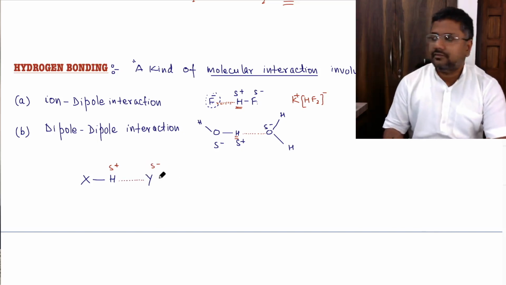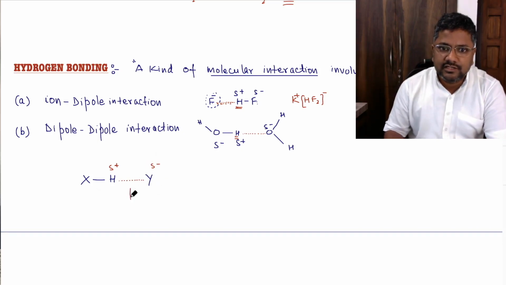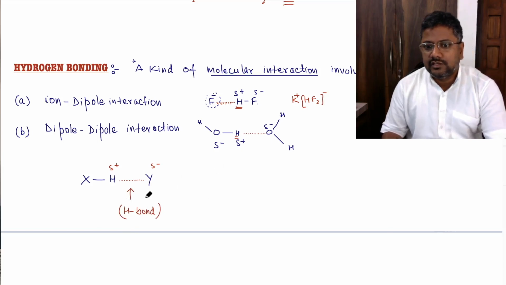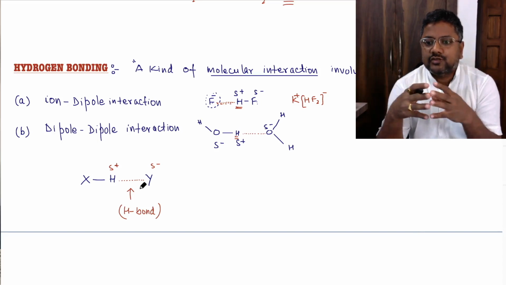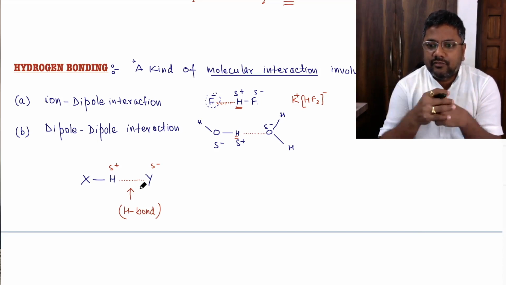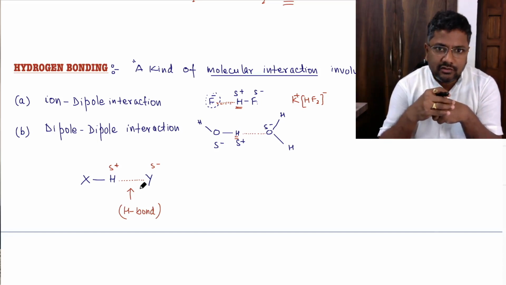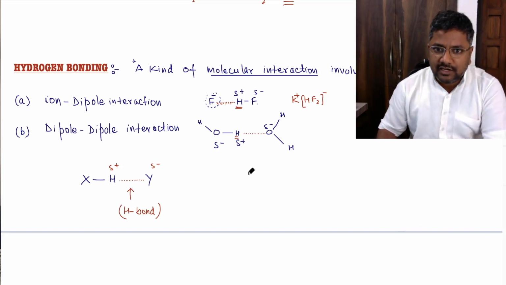So if your system has this kind of interaction, this is known as a hydrogen bond. In this case, there is a molecular association. So hydrogen bonding could be one of the very strong causes of intermolecular force.